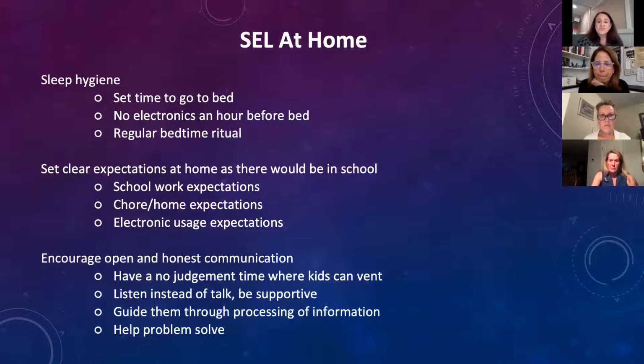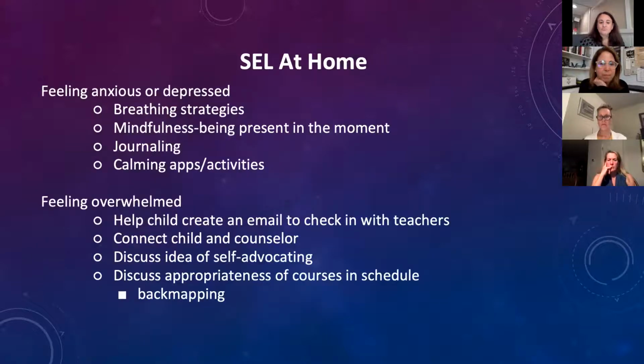So just because it's judgment-free doesn't mean that they won't receive a consequence for behavior that's outside of the family expectations. Communication skills, like how to have a respectful conversation, how to be a good listener instead of a talker all of the time, and how to problem solve, are lifelong lessons that you're teaching your children throughout the day when you're having open and honest communication.